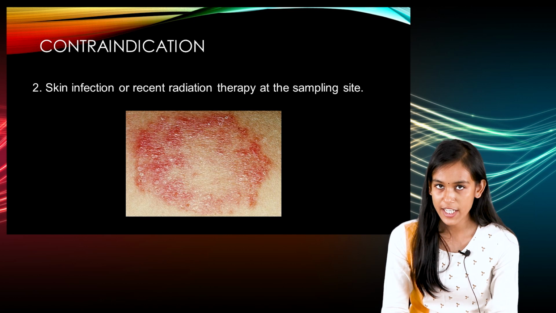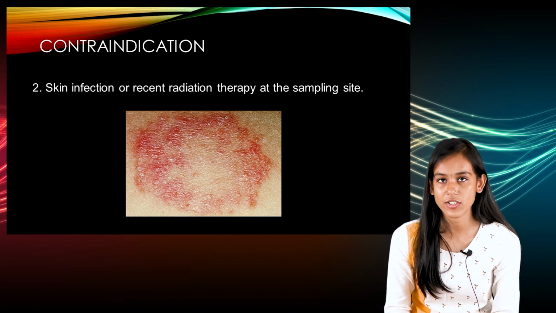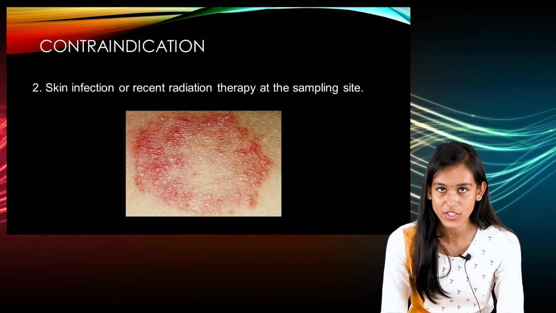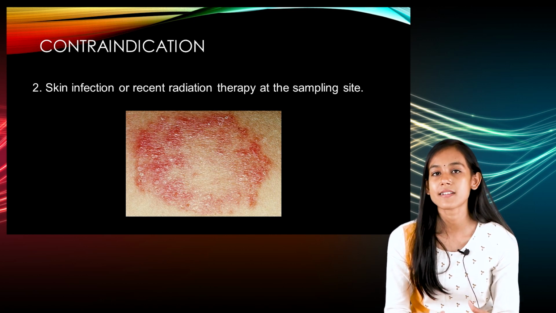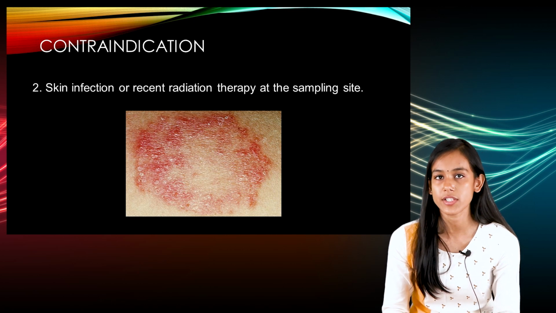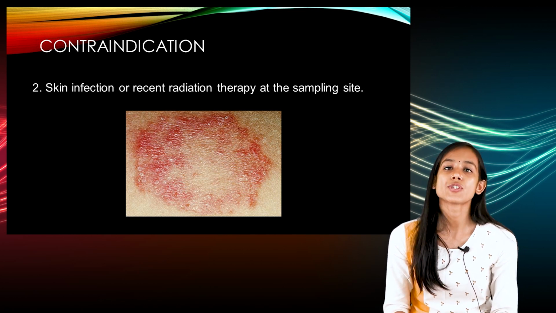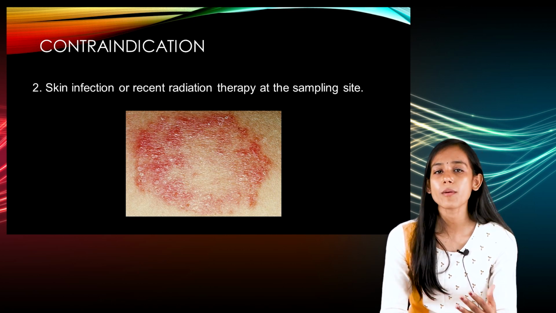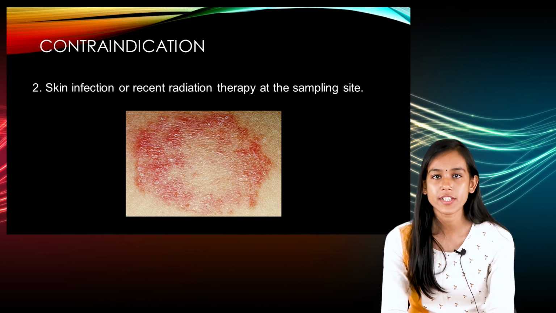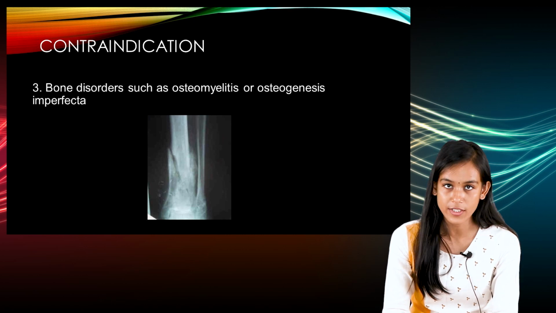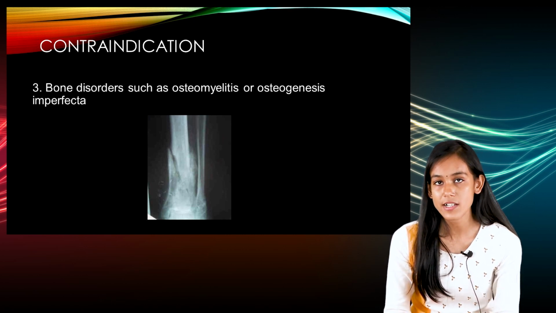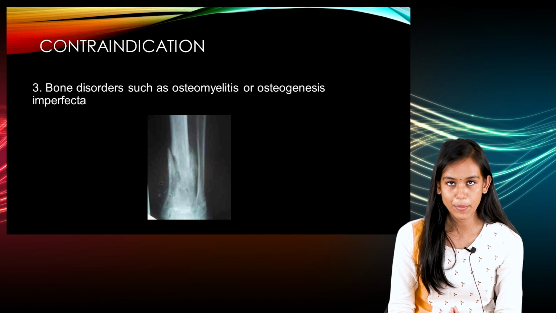The next contraindication is if there is any kind of skin infection at the site, or the child has recently undergone radiation therapy at the sampling site. In that case, bone marrow aspiration will be contraindicated. The next thing is any kind of bone disorders such as osteomyelitis or osteogenesis imperfecta.